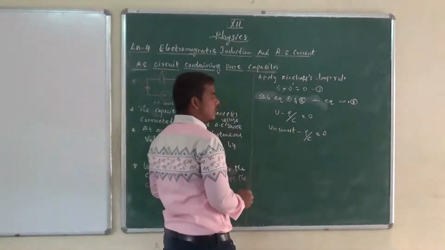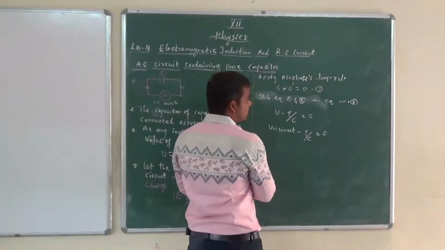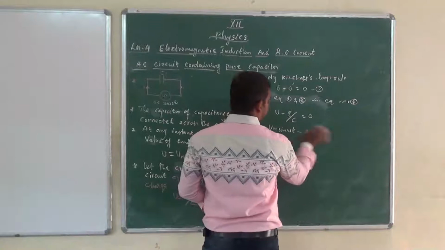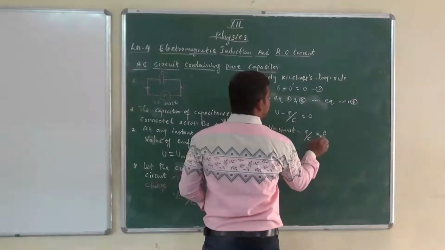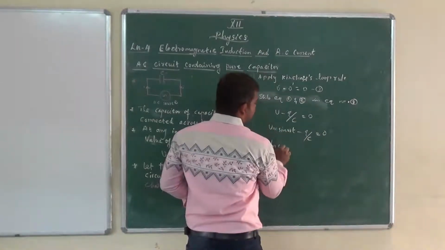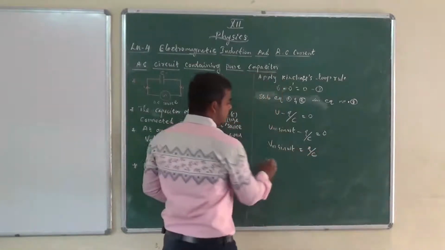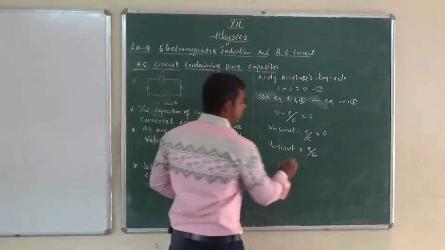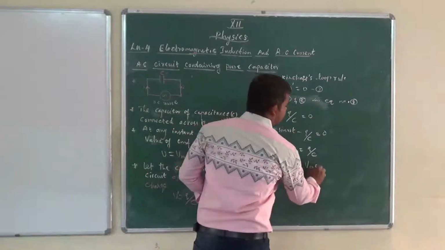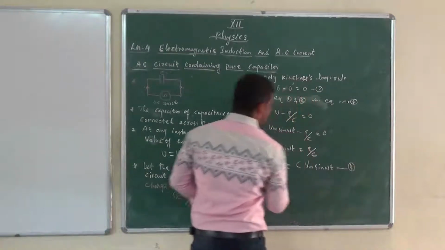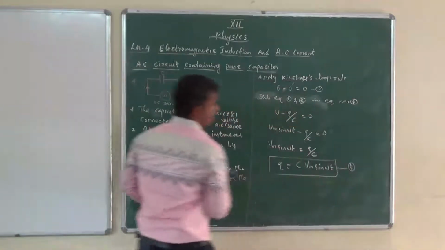So Vm sin omega t equals Q by C. Then Q equals C into Vm sin omega t. This is one of the required equations, equation number 4.